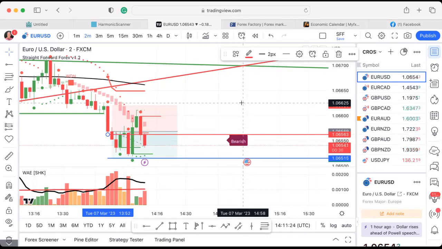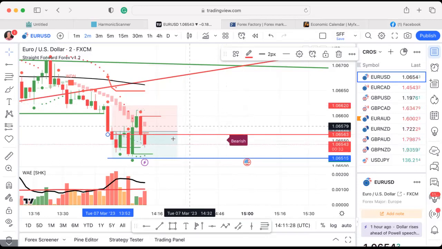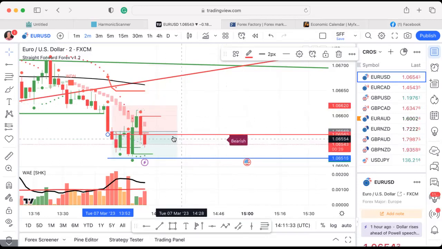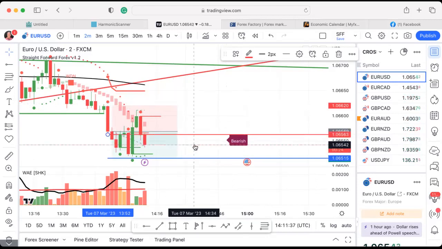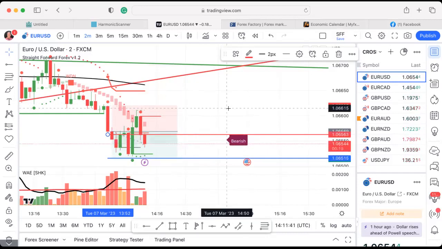As I say, there's no shame in getting out with less than 1%. That might give you 0.3%, something like that. You might be safer taking that out than risking it.